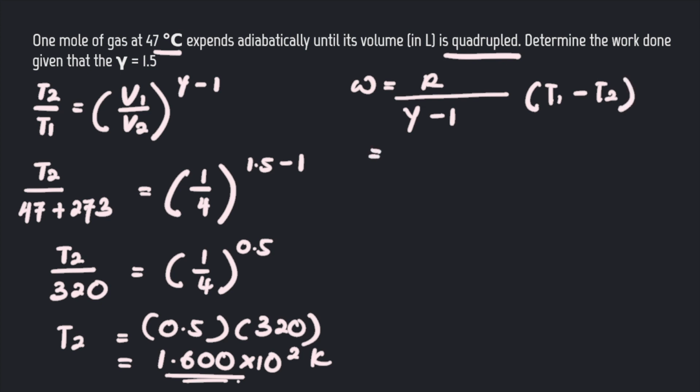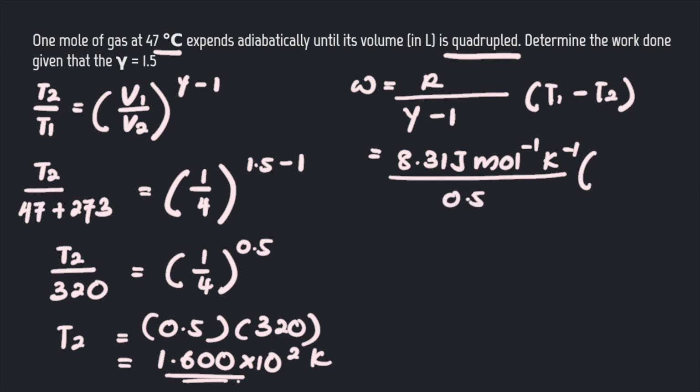Okay, so the gas constant that you're going to use is 8.31 joule per mole per Kelvin divided by gamma minus 1. So we already calculated this. It should be 0.5. Hence, you need to do T1 minus T2. So T1 just now is 320 minus 160.